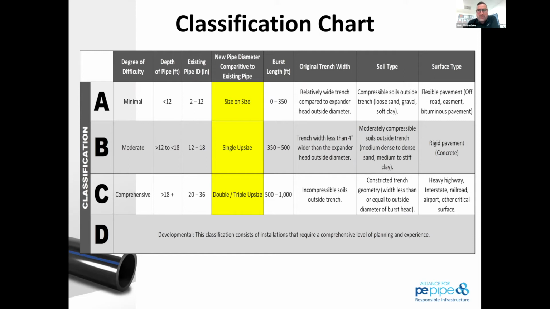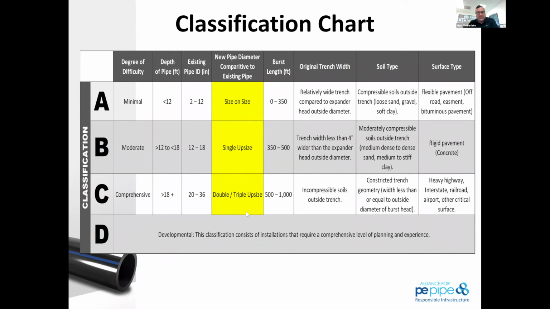So every pipe we're replacing was dug in a trench. Sometimes you'll see trench widths that are very, very narrow, in incompressible soils. I've actually run into trenches in the Northeast, and you see this a lot.